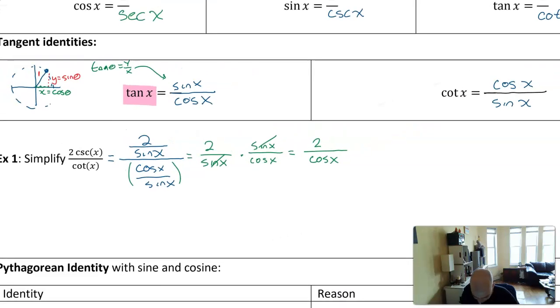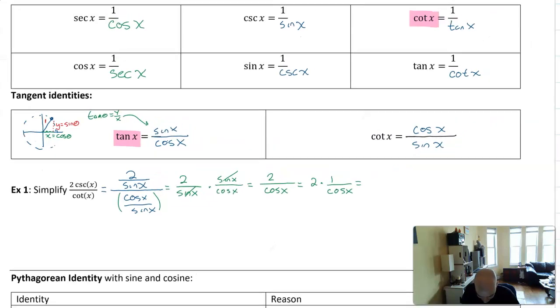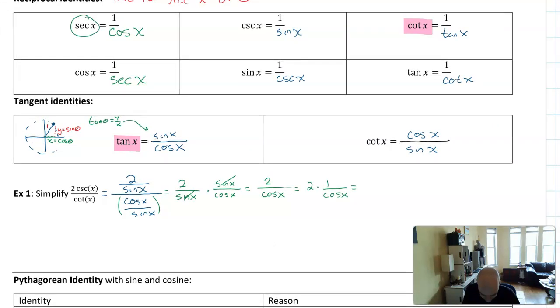But that's still kind of in a fraction, so we could think about this maybe as 2 times 1 over cosine x. And we could think about that as 2 secant x. So to fully simplify the expression 2 cosecant x over cotangent x, that actually fully simplifies to 2 secant x, going through this little chain.